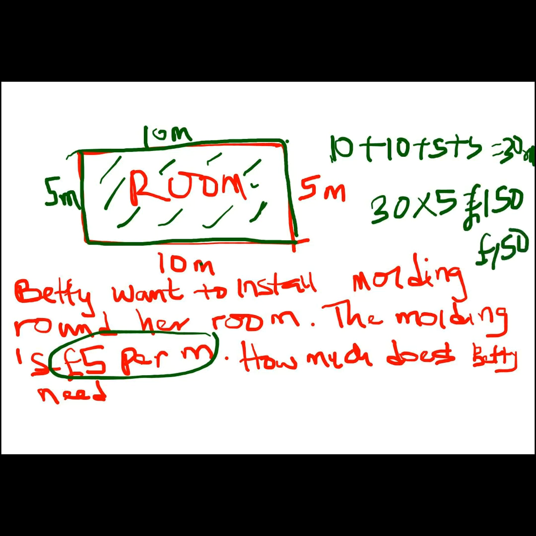So this particular one is called perimeter. The one we did last was area. If they ask you what's going to cover, given all these things, that is the area.